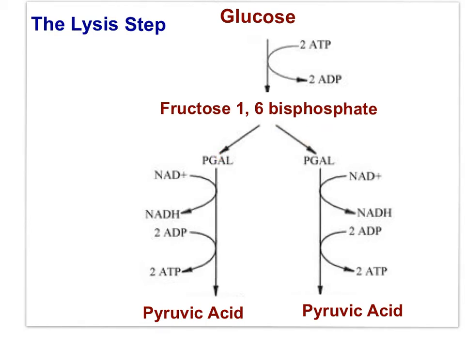We can also see the formation of 4 ATPs here so that we have a net gain of 2 ATP molecules. 2 are spent and 4 are formed, a net gain of 2.